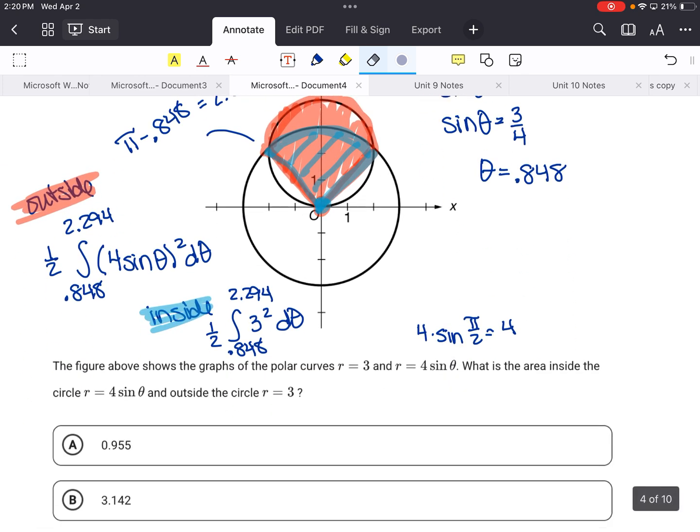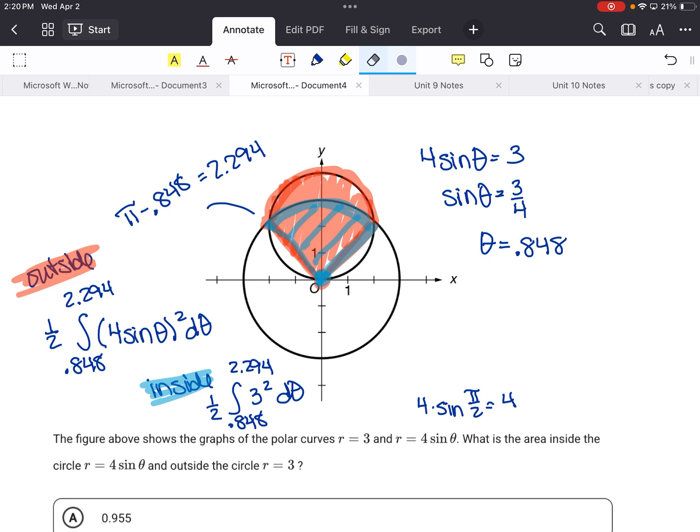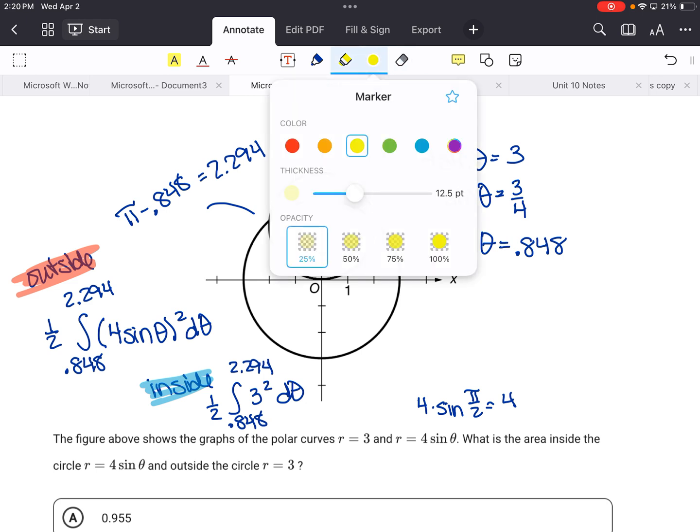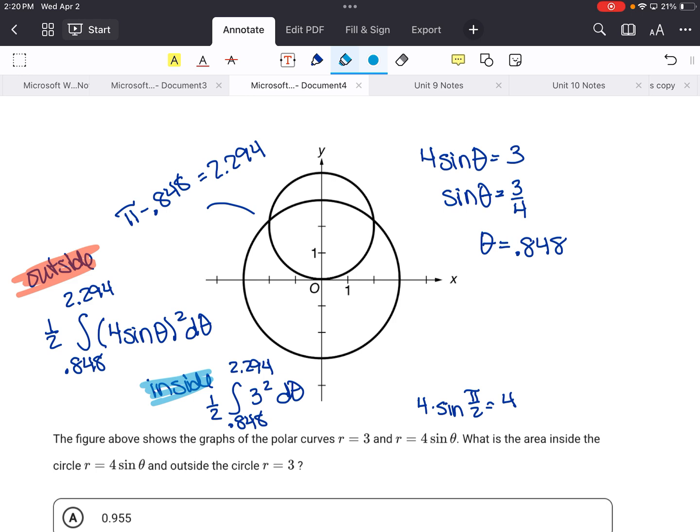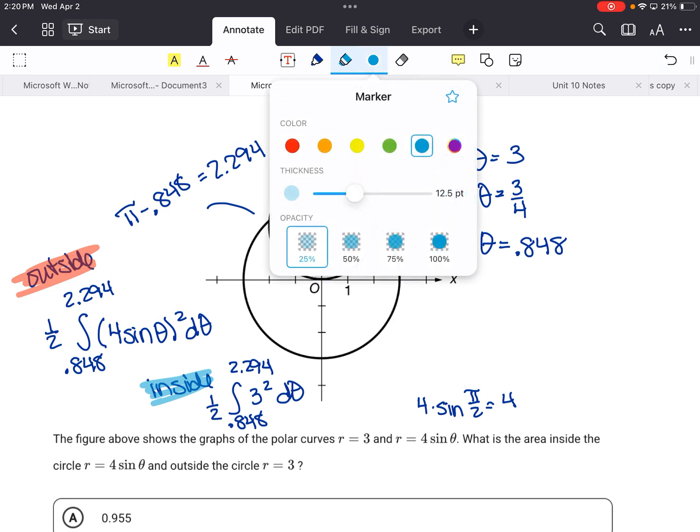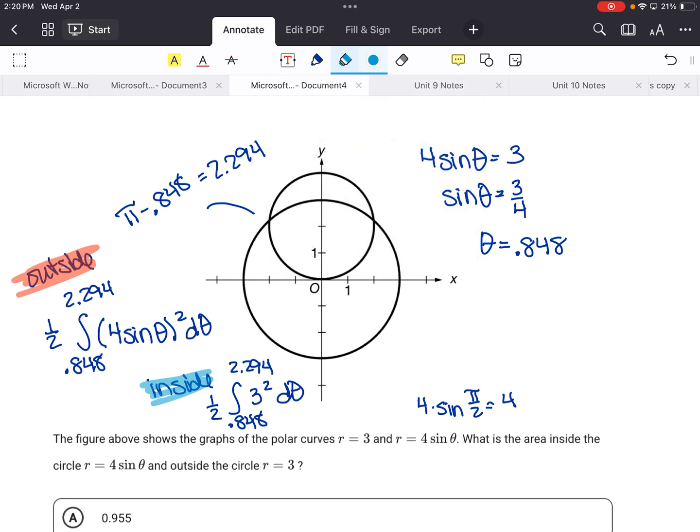One of the things on this one that I wanted to make sure I pointed out to y'all is when you guys are finding the area of these pieces, I'll just draw that again. The area of these pieces is from the origin out at a certain angle. So when I'm looking at the inside, I'm starting from here out to here.